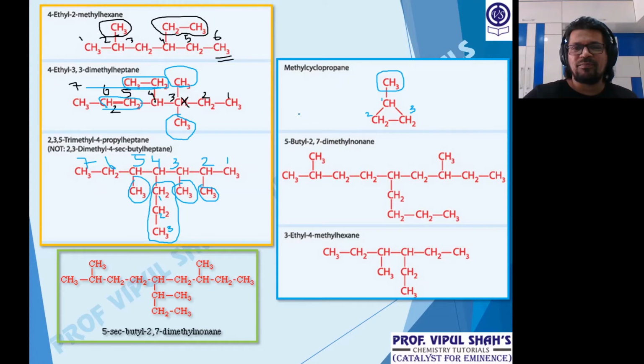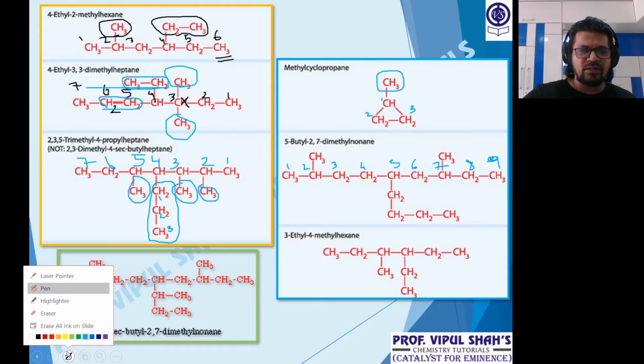Look at this now. How does this go? Here the numbering goes from the left because of lowest numbering. So look here, 1, 2, 3, 4, 5, 6, 7, 8, 9. 9 means non. Now identify the branches.